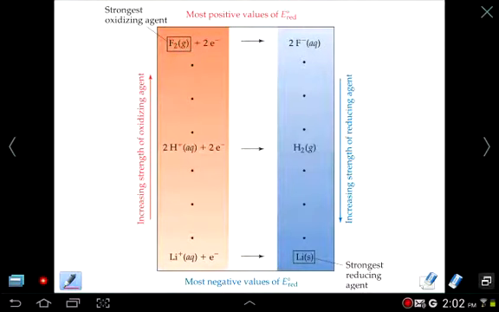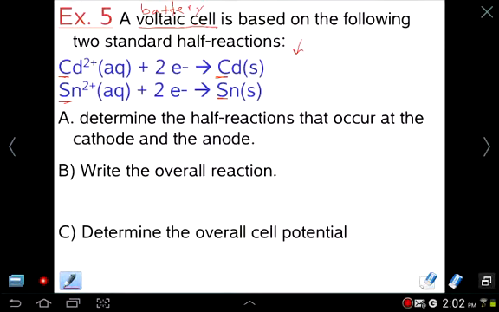So in Appendix E, we find that cadmium has a reduction potential of negative 0.403 volts, and tin has a reduction potential of negative 0.136 volts.